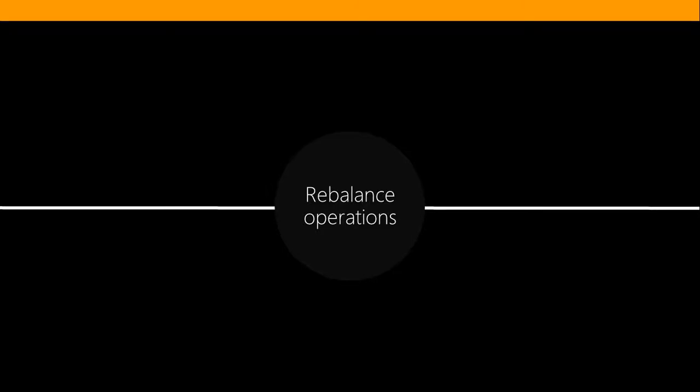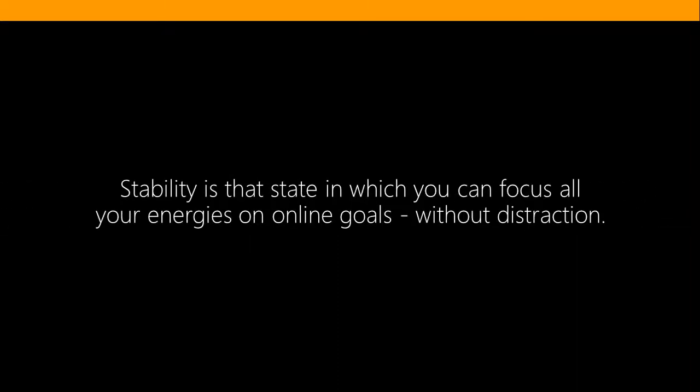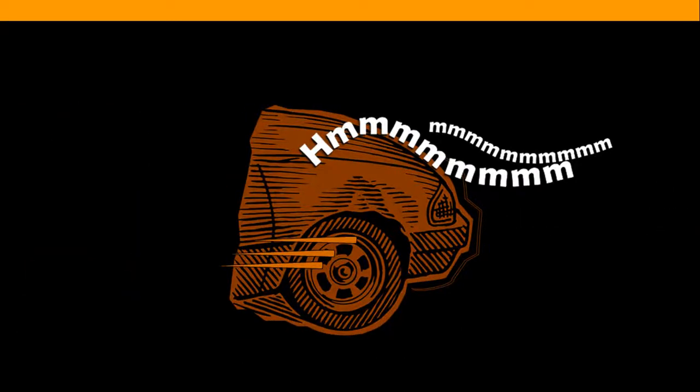In a previous video, we defined stability as the primary distinguishing feature of good governance. As we discovered, stability is that state in which you can focus all your energies on online goals without being distracted by supervisory issues. A useful way to think of this is like the well-tuned engine of a car. When everything works well, it just hums away under the hood.